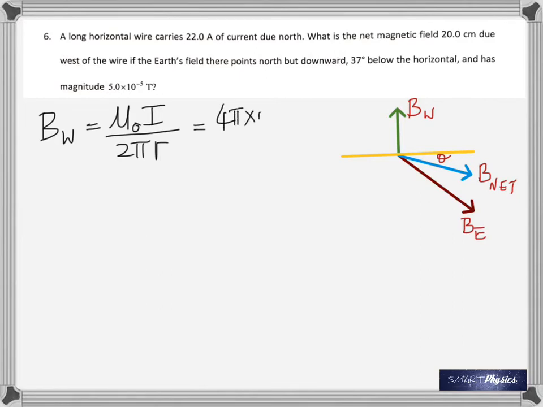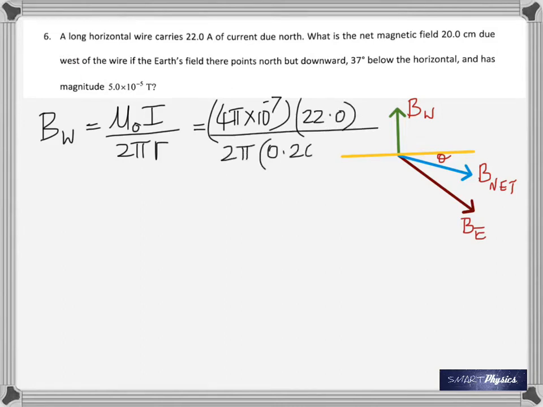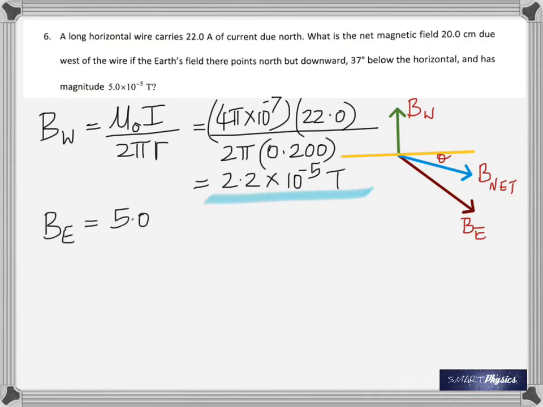Mu naught is 4 pi times 10 to the negative 7. Current is 22 amperes, and 2 pi times the distance, which is 20 centimeter, 0.2 meter. That gives 2.2 times 10 to the negative 5 Tesla. Now the magnetic field due to the Earth is 5 times 10 to the negative 5.